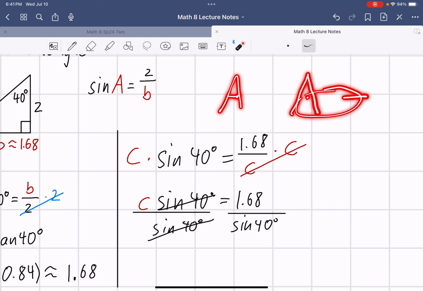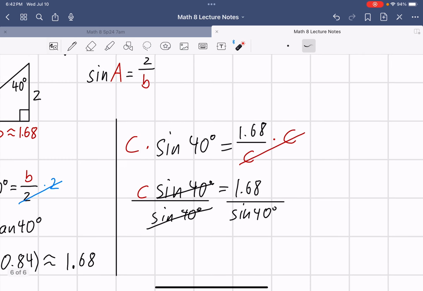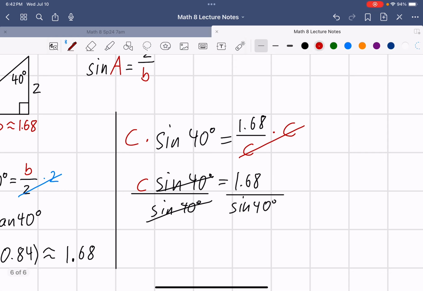It goes together. It makes no sense to separate them. And if you do, then you have a misunderstanding of this trig function. That ultimately leaves me with C is equal to 1.68 divided by sine of 40 degrees.